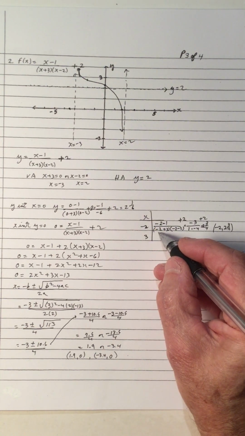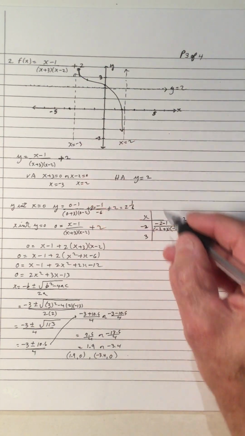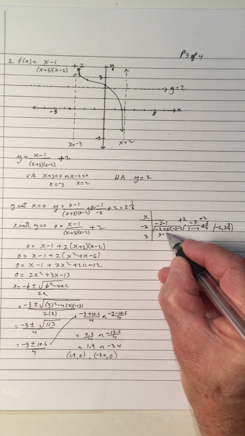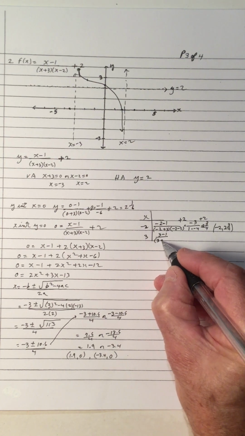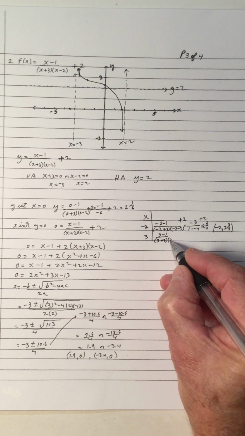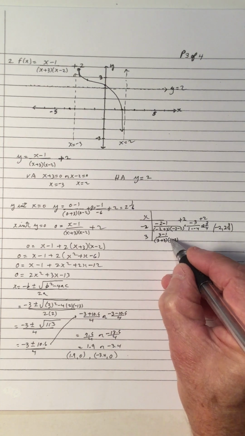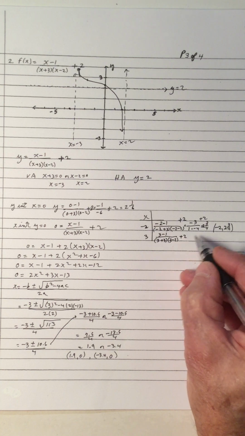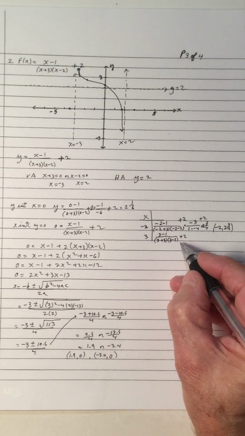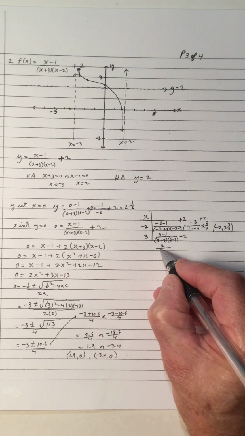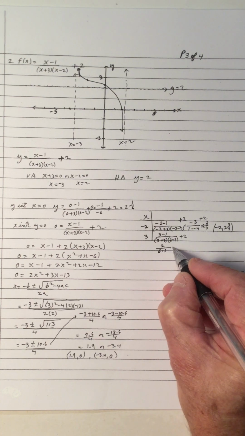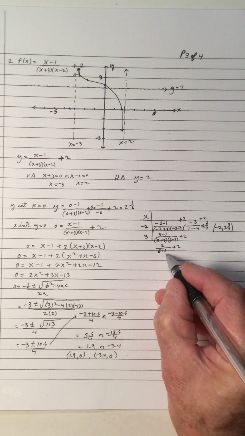So if we put a 3 in, we get 3 minus 1. This time I won't forget, putting a 3 in, I got a +2. And so that's 2 all over 6 times 1 plus 2.